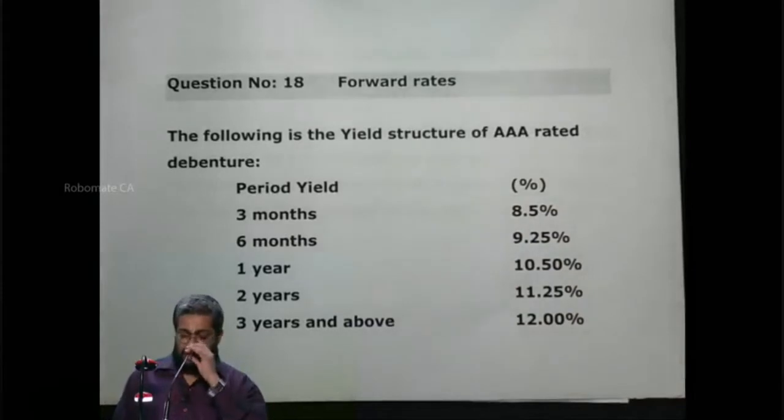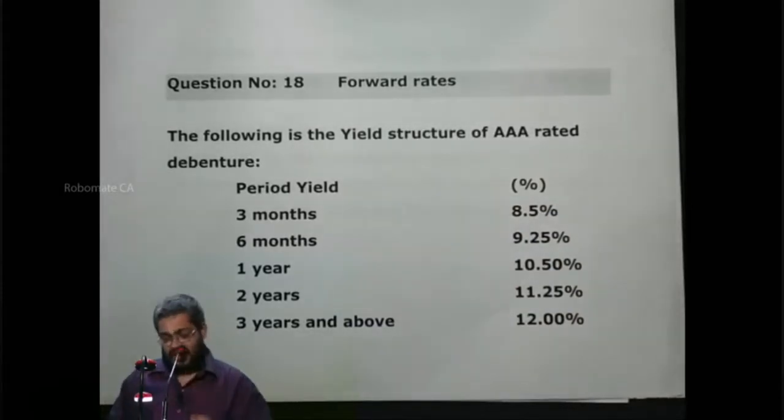This is an AAA rated debenture. A 3-month bond is trading at 8.5% yield to maturity, 6 months bond 9.25%, 1 year bond 10.5%, 2 years bond 11.25%, 3 years and above it is 12%.